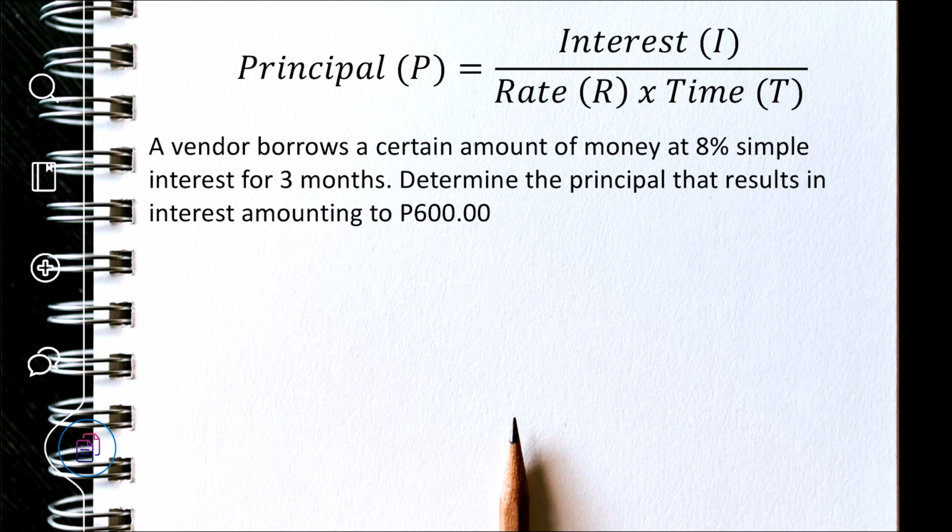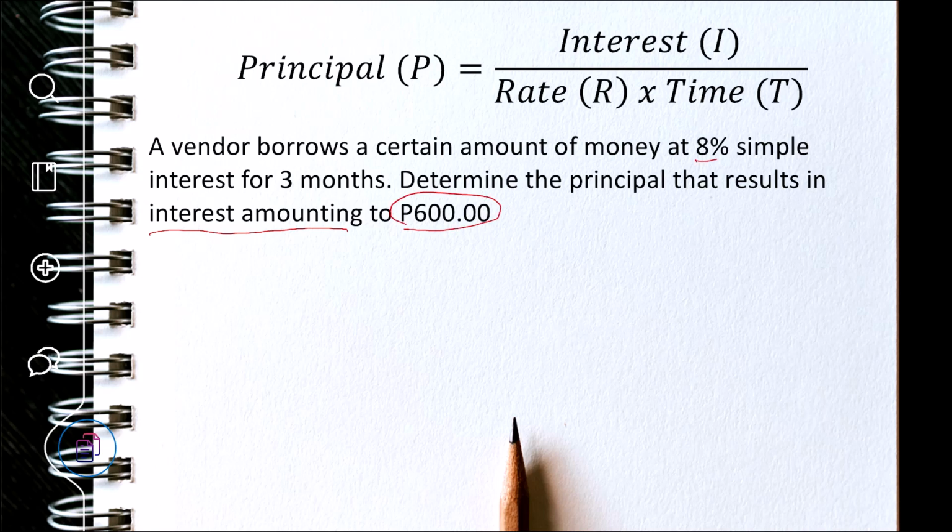Okay, example. A vendor borrows a certain amount of money at 8% simple interest for 3 months. Determine the principal that results in interest amounting to 600. Okay. Yan, nakalagay naman po na ang simple interest ay tumubo ng 600 pesos.